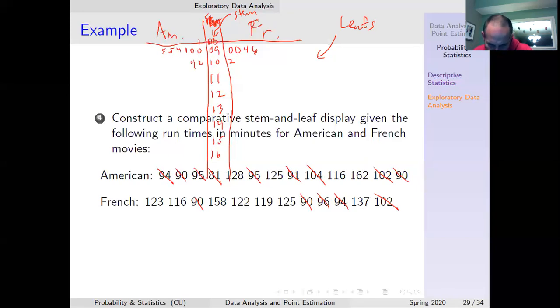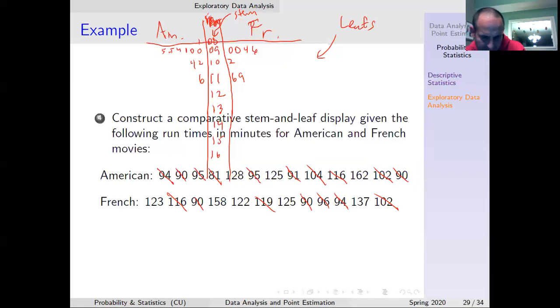What about 1, 1? On the American side, I see 116. And I think that's it for the American side. On the French side, I see a 116 and a 119. So 6 and 9.